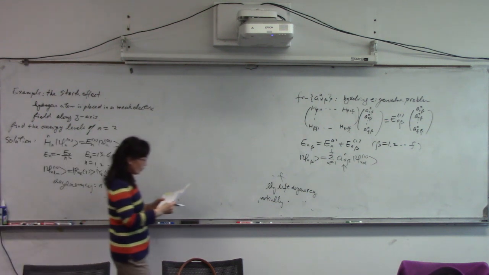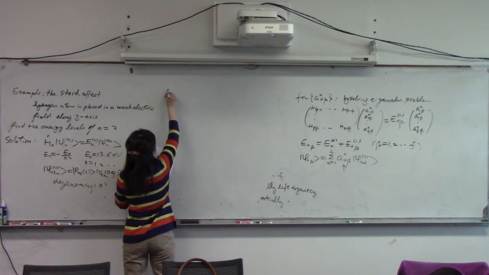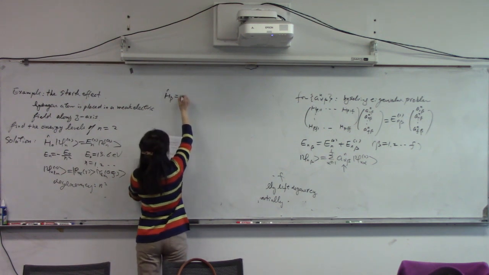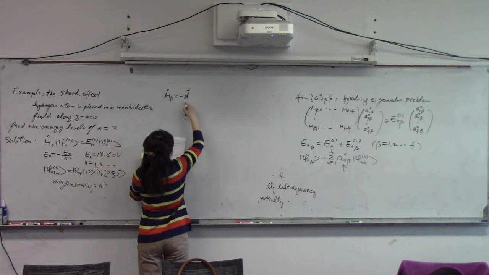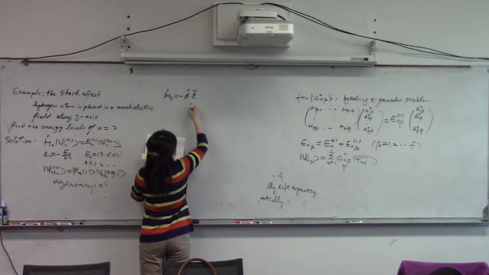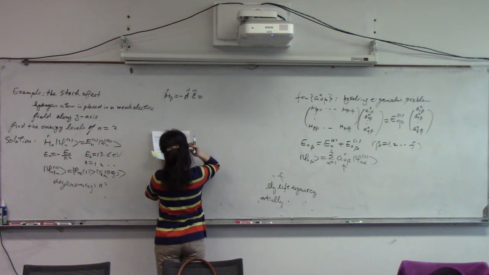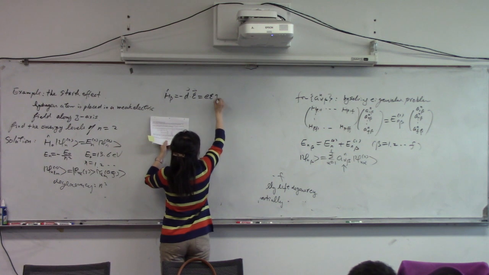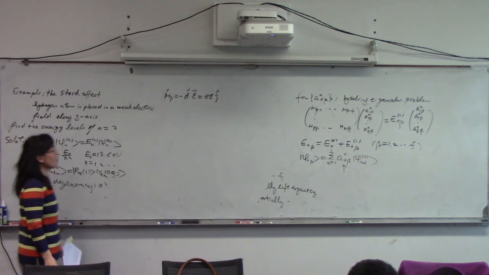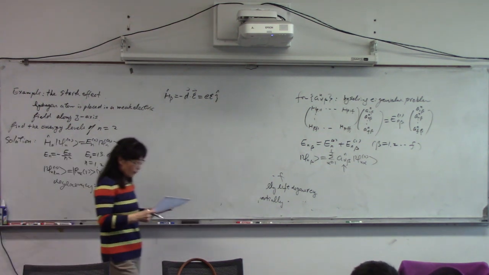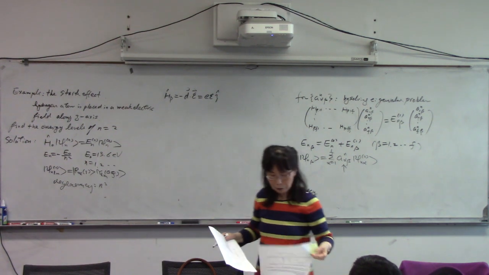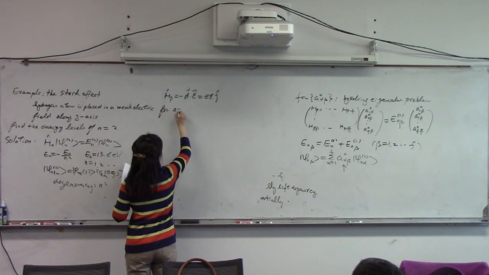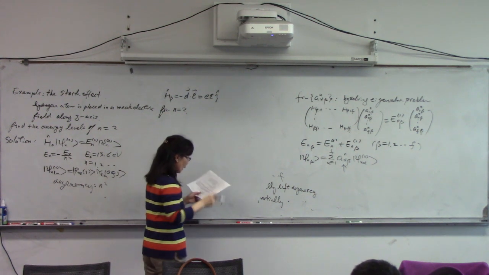Now let's read the perturbation term. The perturbation term is minus the electron dipole moment, inner product with the field, right? The electron dipole moment is negative, and along the z direction. So that is the perturbation term. Now what we are going to do is consider n equal to 2.